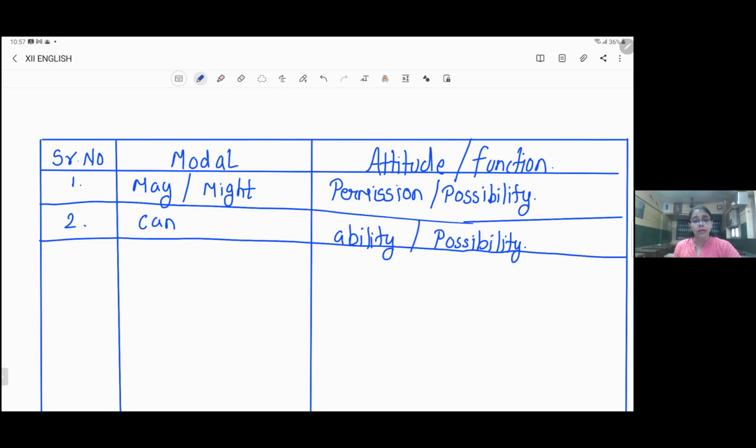Ability and possibility. Clear? Next, could. Yes. Think. Third one is could.